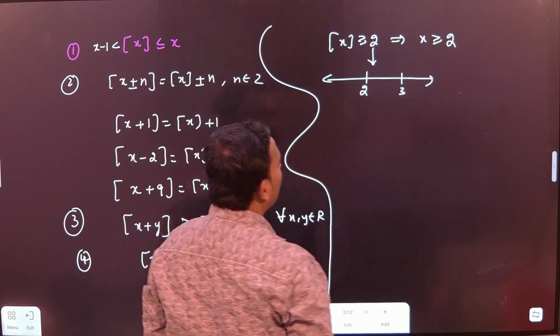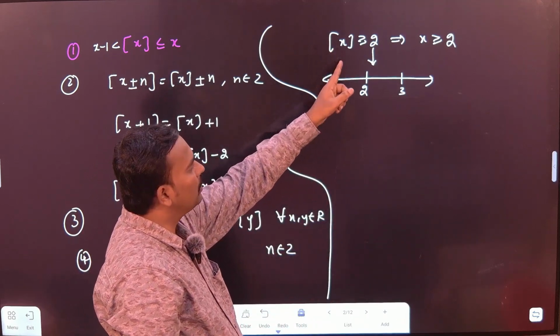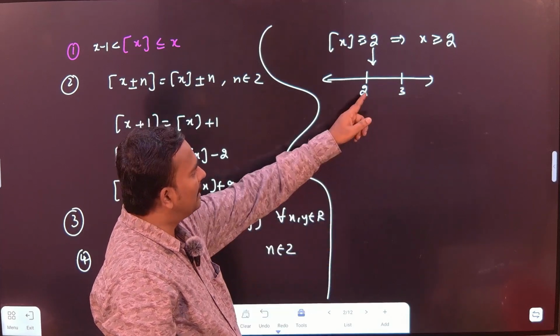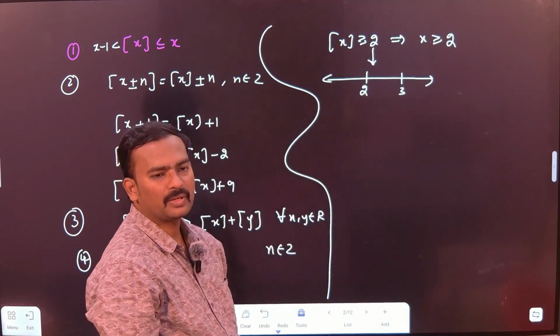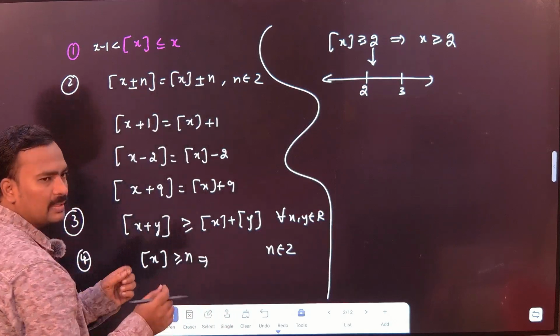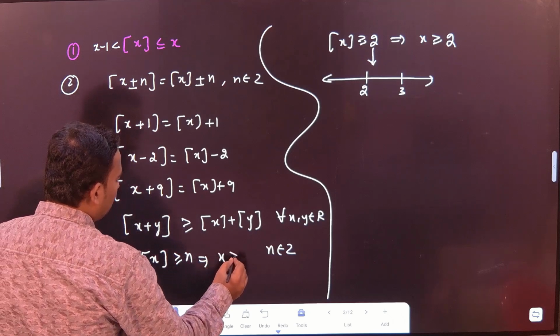The inequality is satisfied only if x is equal to 2 or more than 2. If you take less than 2, it will not be satisfied. So if the greatest integer function is greater than or equal to n, it means x should be greater than or equal to n.